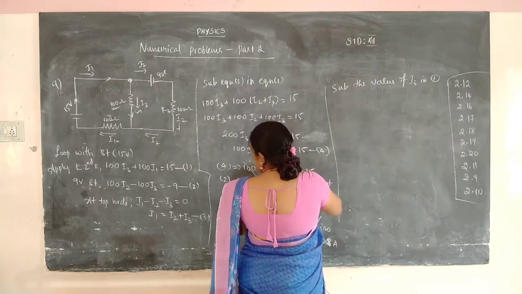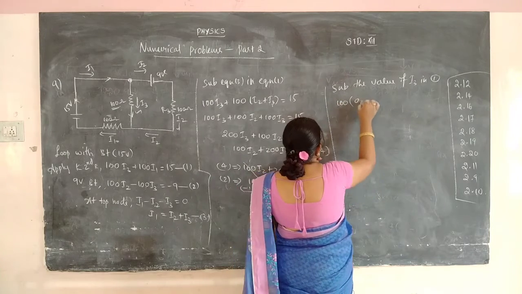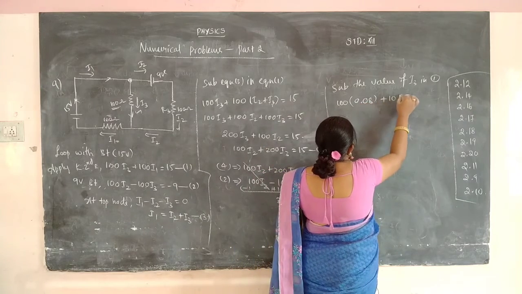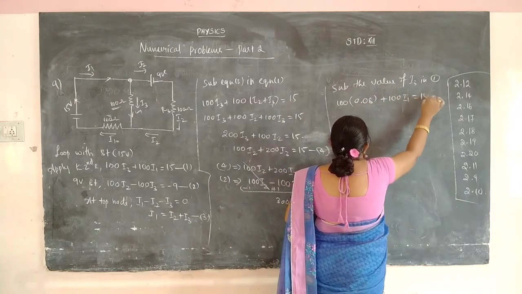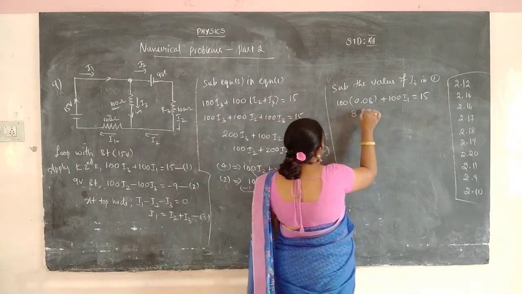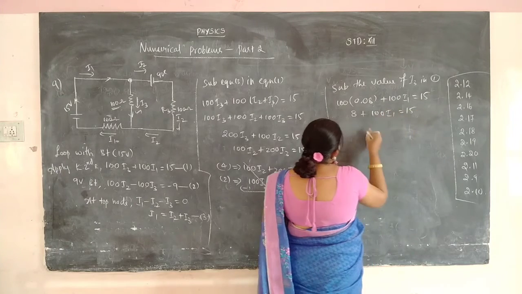What's the equation 1? 100 I3, the value is 0.08, so 0.08 plus 100 I1 is equal to 15. Okay, 100 into 0.08 is 8, so 8 plus 100 I1 is equal to 15.